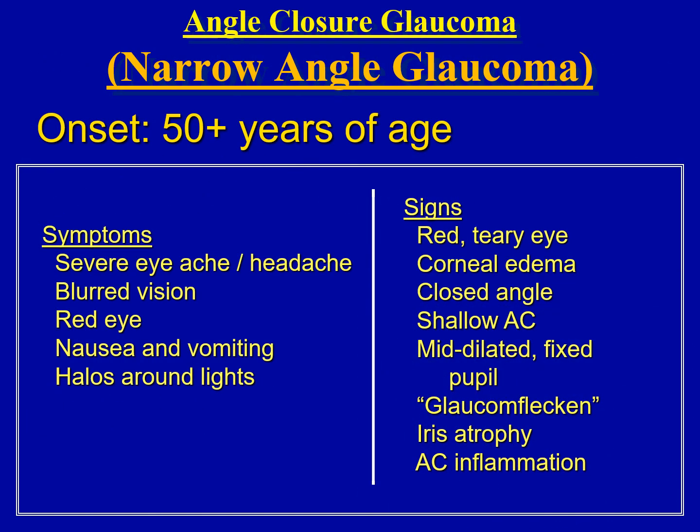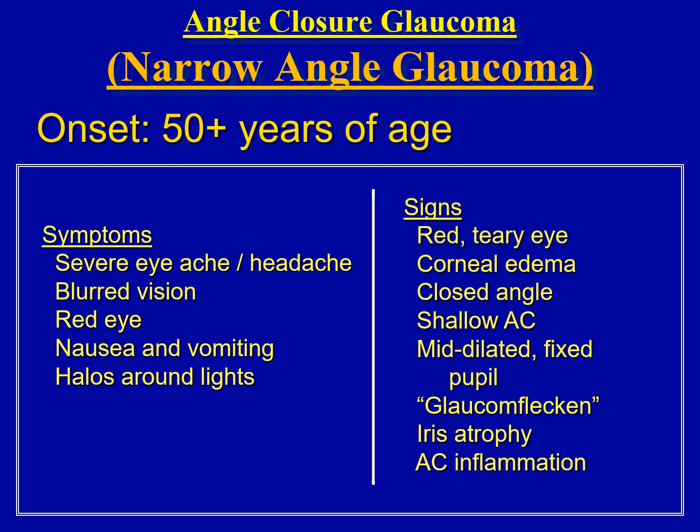Now come to the symptoms and signs of acute congestive glaucoma. In this case, the patient complains of systemic complaints and local complaints. In the systemic complaints, severe headache and eye ache are there along with nausea and vomiting.